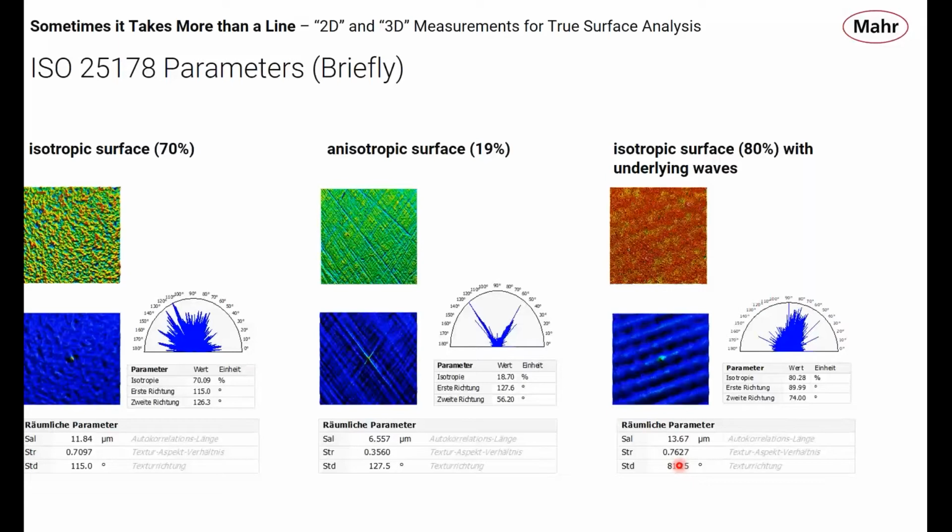But then we let the mathematics run, and it's actually not. 70% is pretty isotropic, but there is some directionality to it. The machine does pick out a decent size. It's not a big directionality, but it is able to say that at 115 degrees there is some larger signal.